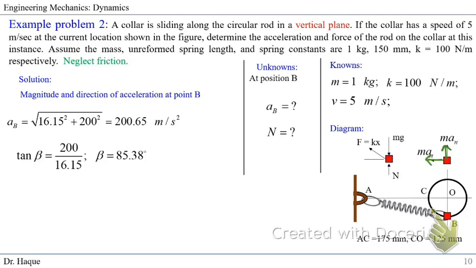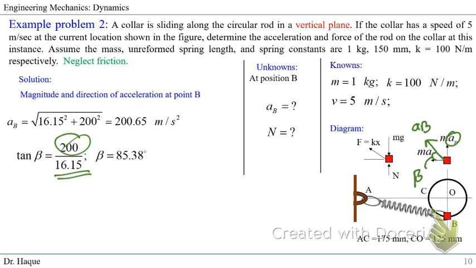We take the normal component, which is 200, in the top part, and we take the tangential component in the bottom, and we get 85.38. So this is the direction of acceleration a_B, and we found this angle beta is 85.38.